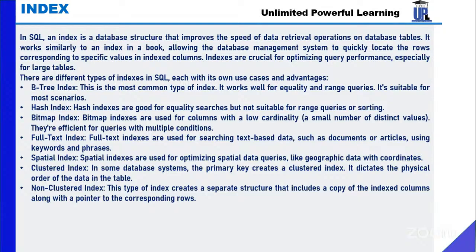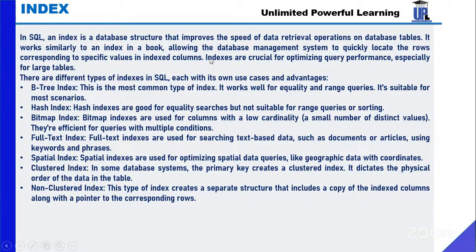A similar concept is here also, called an index value. What is an index? An index is a database structure that improves the speed of data retrieval operations on database tables. It works similar to an index in a book, allowing the database management system to quickly locate a row corresponding to a specific value in the indexed column.